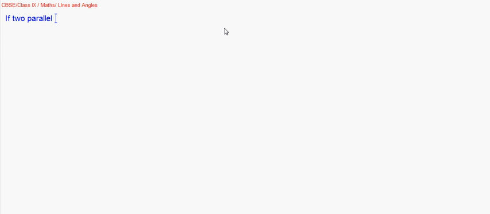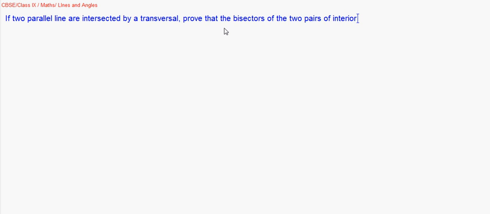If two parallel lines are intersected by a transversal, prove that the bisectors of the two pairs of interior angles enclose a rectangle.